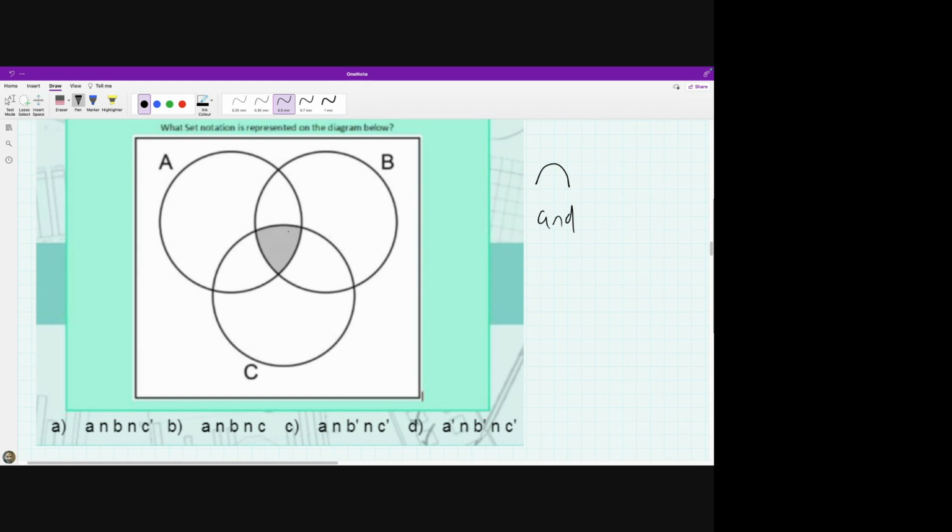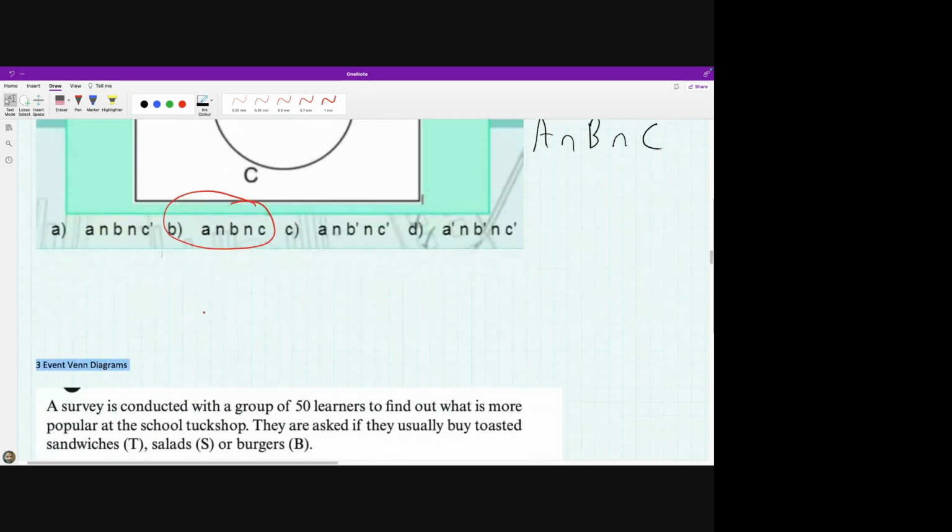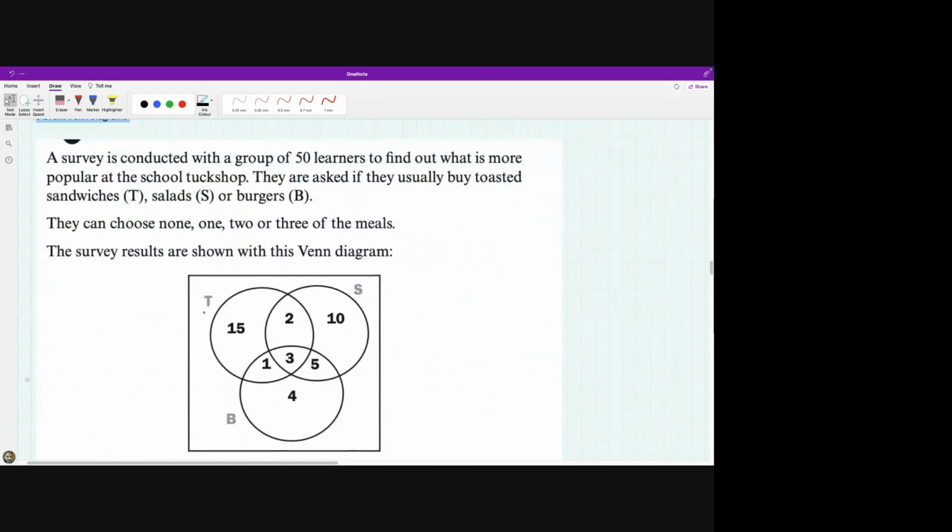So this region is in A and in B and in C. I would write it like this, and using the notation for intersection, it would look like that. And so the correct option is B. So this is just when we're describing different regions. Now let's move to a question where we actually have 3 different things.